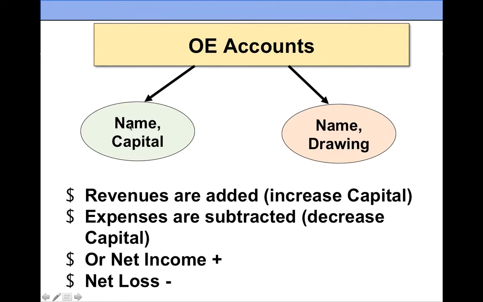And under that umbrella, you have capital, drawing, and then subgroup revenues and expenses. Revenues are increasing our capital, expenses decrease our capital. So expenses do the opposite. So if we have net income, we will add it to capital. In chapter 6, we will transfer it to capital. If we have a net loss, we will subtract it from capital. So that's the relationship between revenues, expenses, and owner's equity or capital.